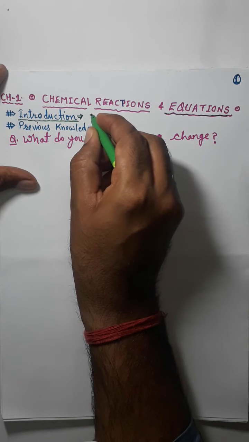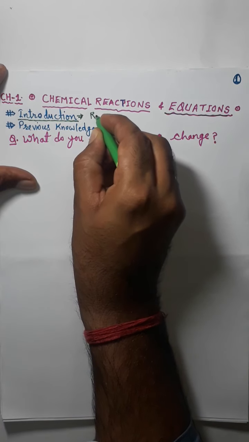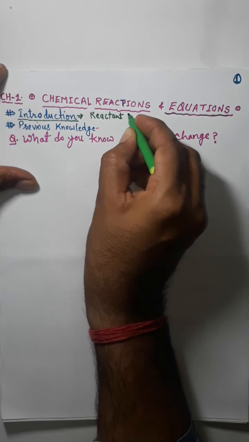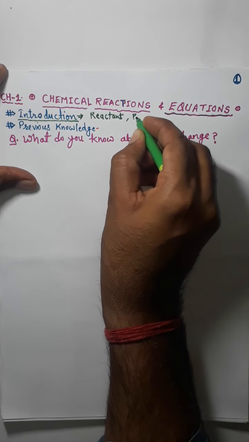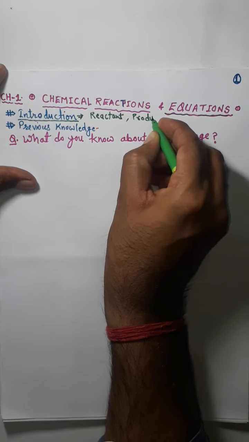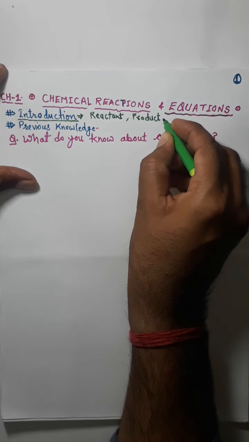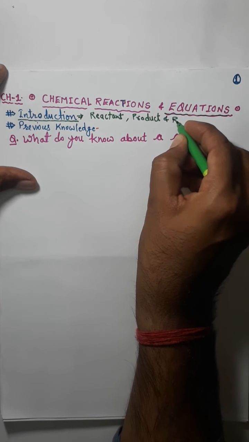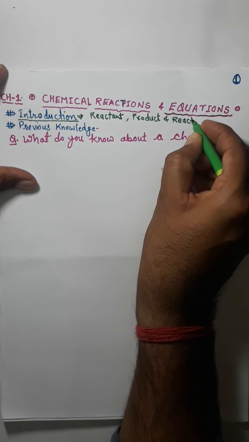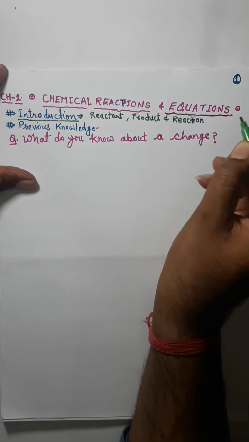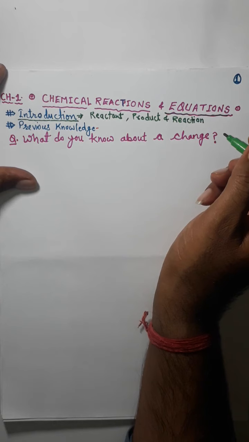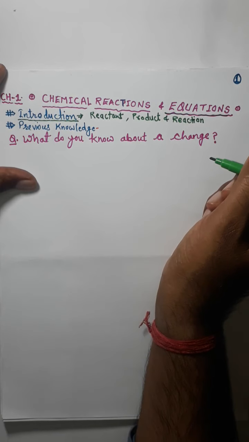The three words are reactant, the second word is product, and the third word is reaction. These three terms will be covered in the introduction part.